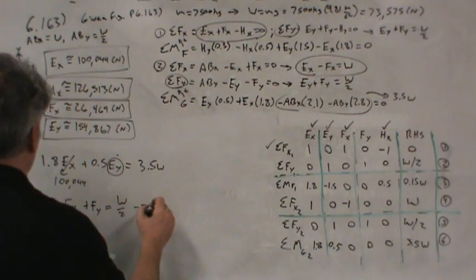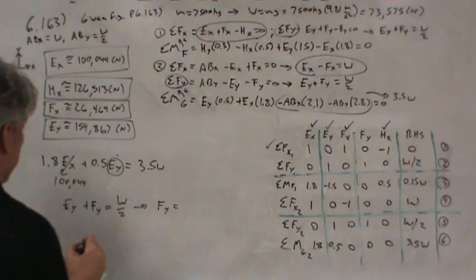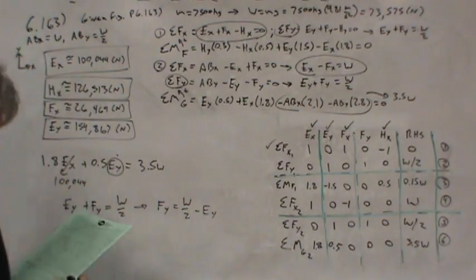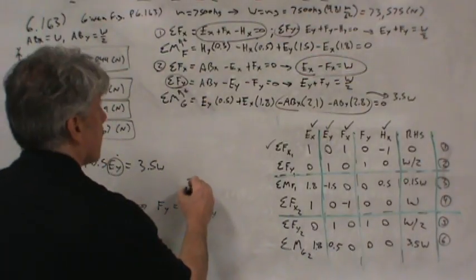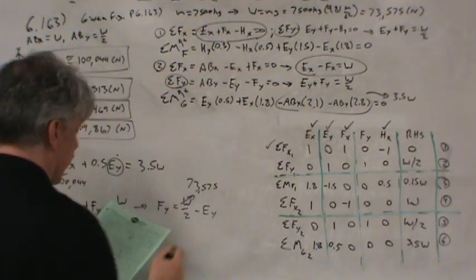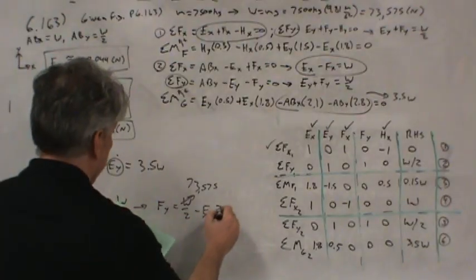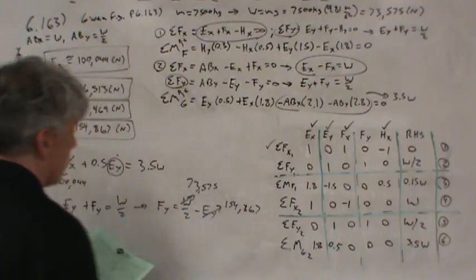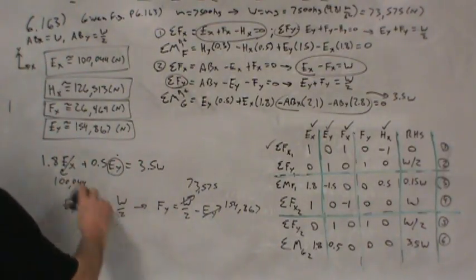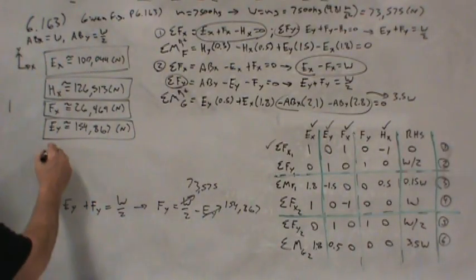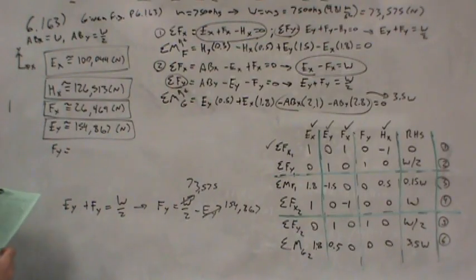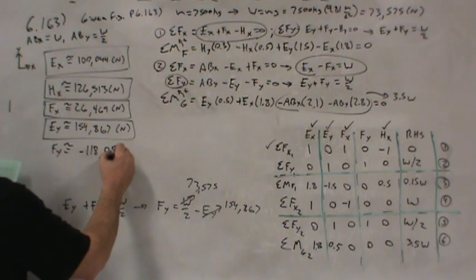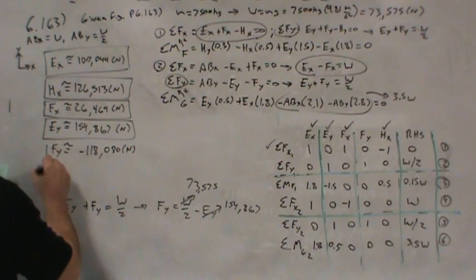So Fy, which is the last unknown, is equal to W over 2 minus Ey. W is, of course, 73,575 newtons. Ey, we just figured out, is 154,867 newtons. Put it all together, and we will get Fy. When I did that, I got Fy as about negative 118,080 or so newtons, and that was the last force.